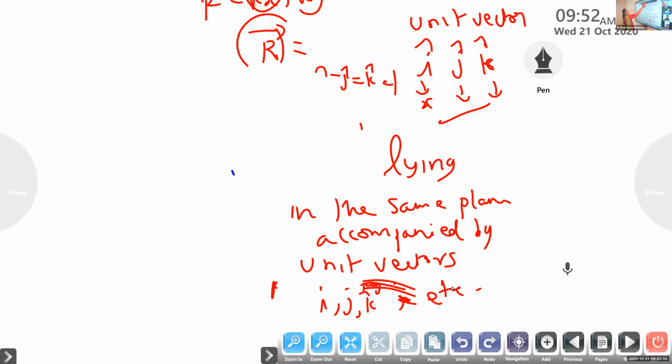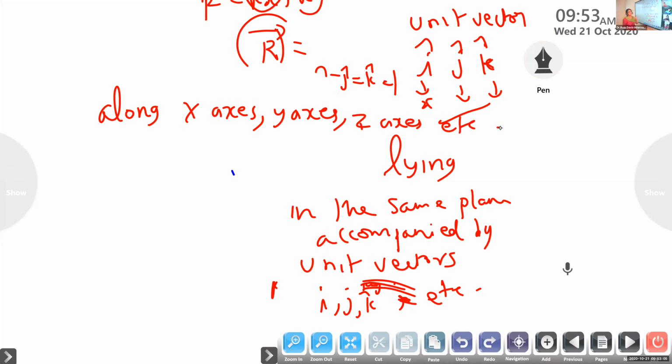Unit vectors along the x-axis, y-axis, z-axis, etc. Okay.